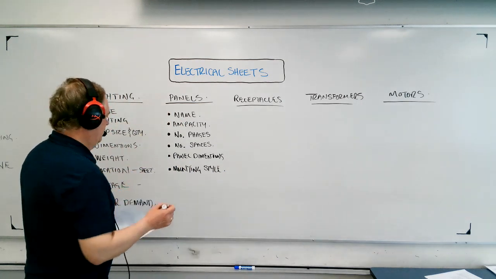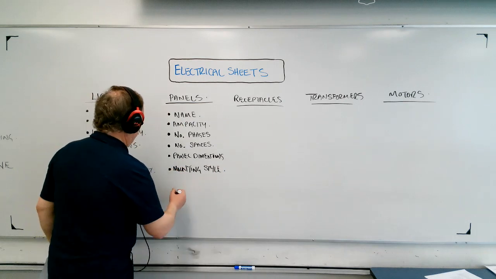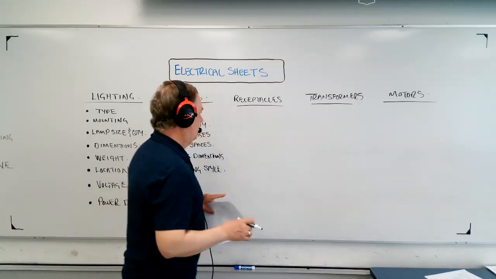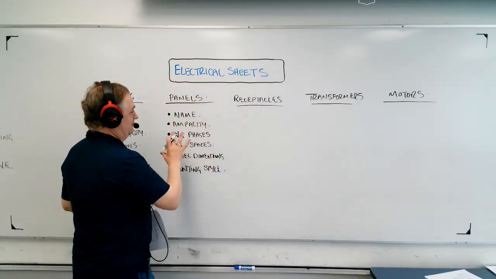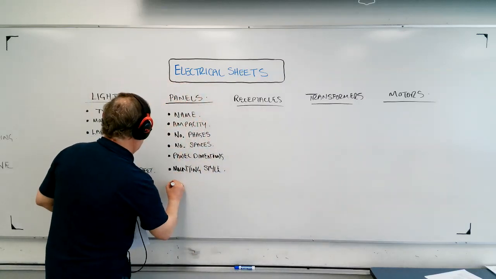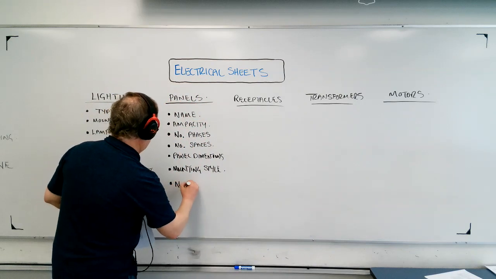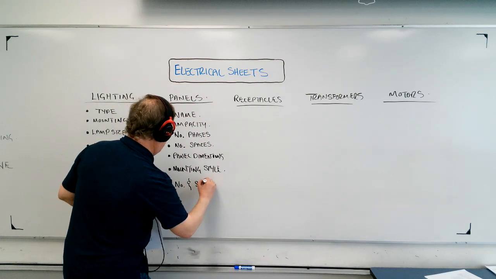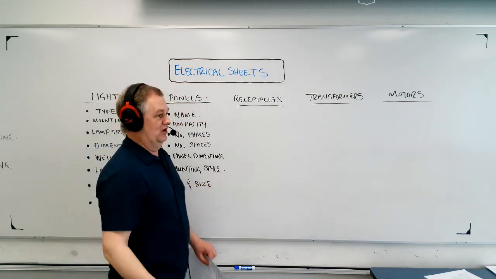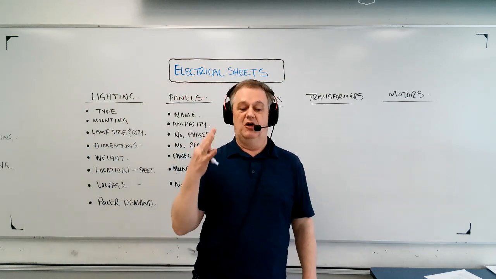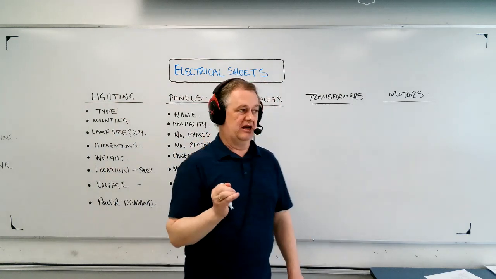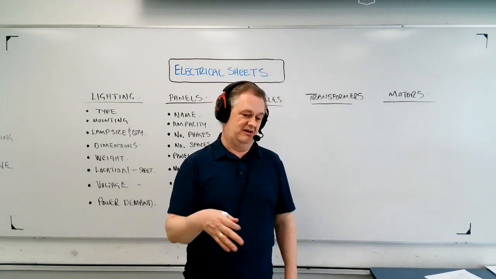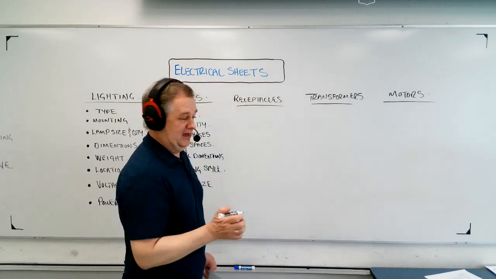What's also quite often included, if you've ordered packages of panels for a specific job, and sometimes listed in the schedule, is the actual number and size. So how many single pole, how many double pole, how many triple pole breakers do you have, and what are their sizes? 40 amps, 50 amps, 70 amps, 15 amps, 20 amps, what are they?